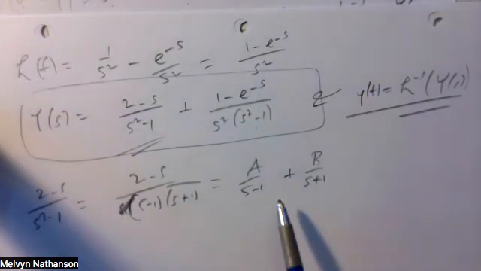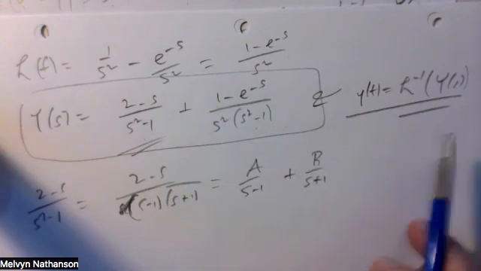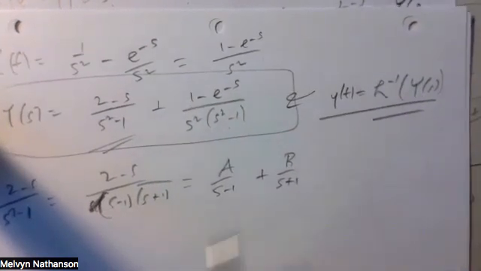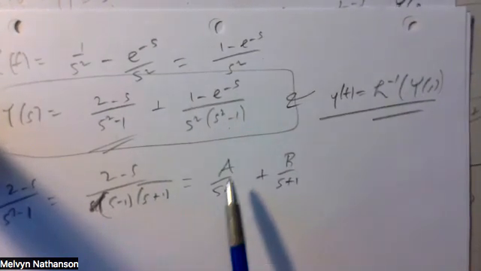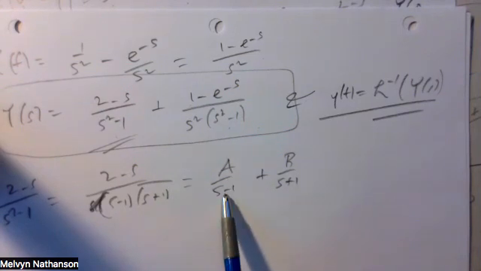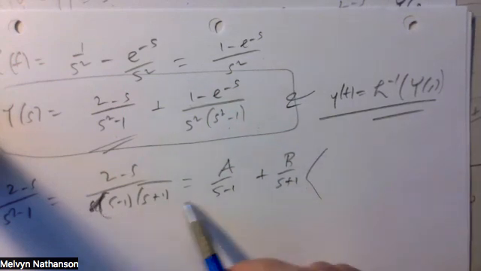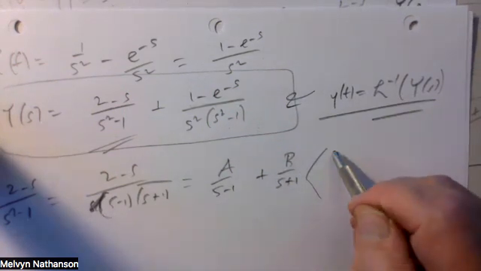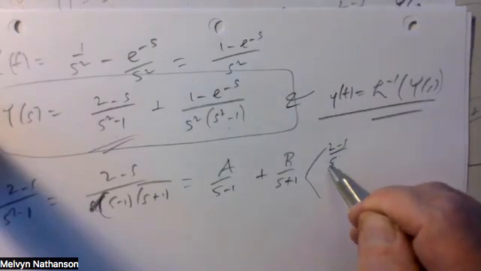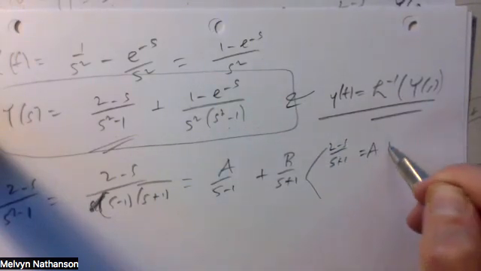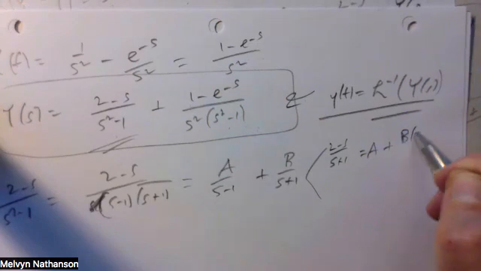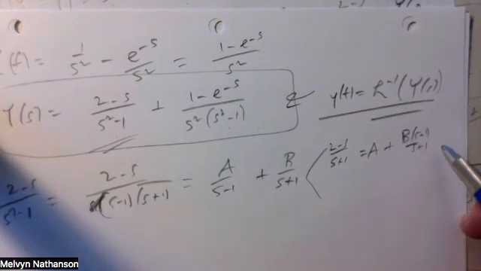This is just using the elementary theory of partial fractions. I get two fractions, a over s minus 1, b over s plus 1. So for example, if I multiply this equation by s minus 1, I would get (2 minus s) over (s plus 1) is a plus b(s minus 1) over (s plus 1).